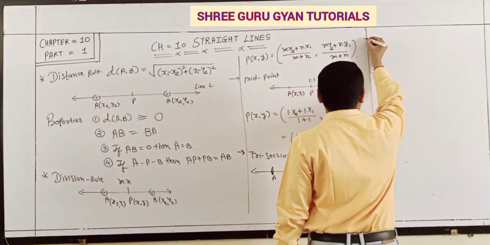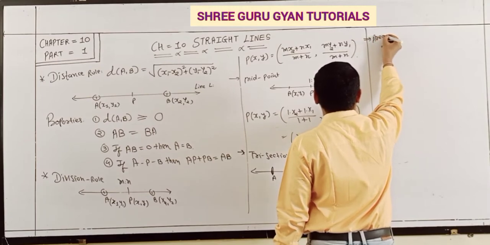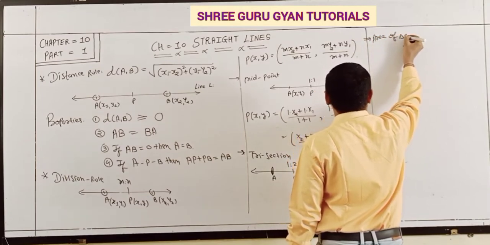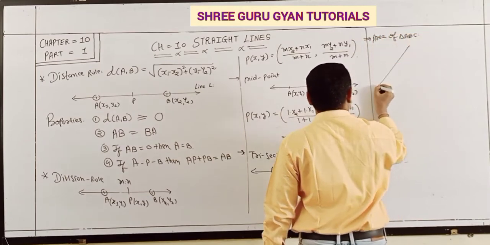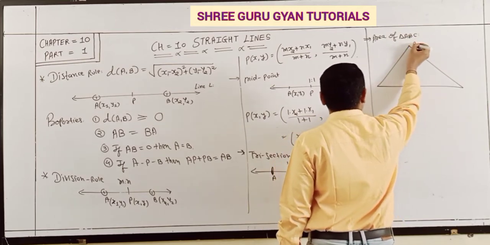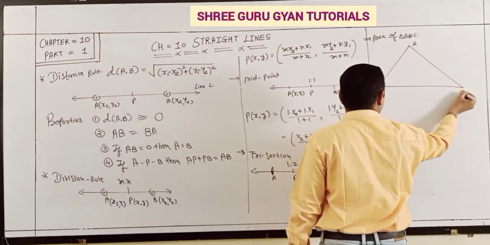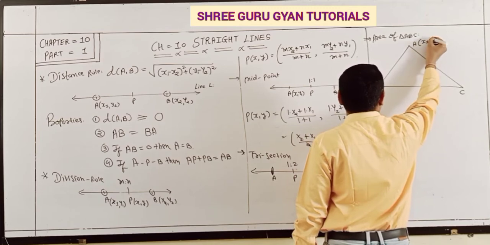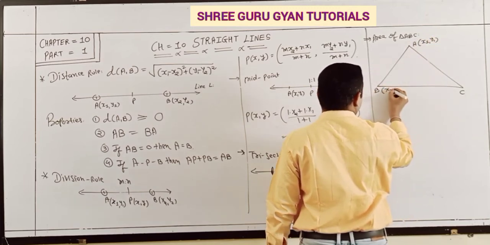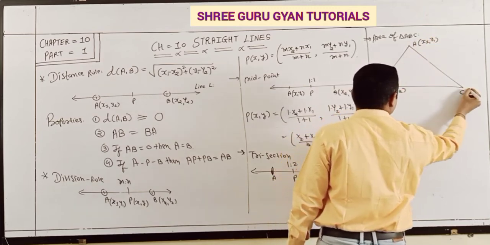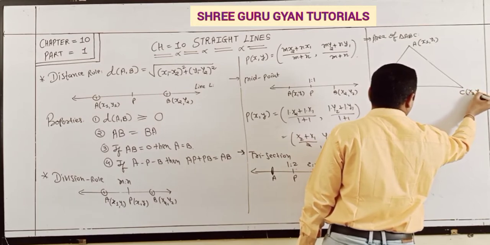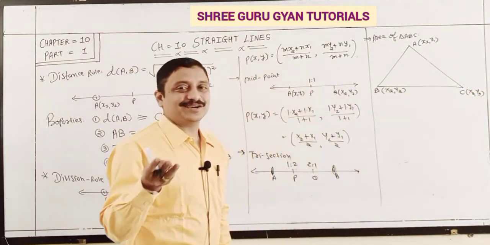Area of triangle ABC. Your triangle is given with A, B, C. A has x1, y1, B is x2, y2, and C is x3, y3. Only 3 coordinates are available.